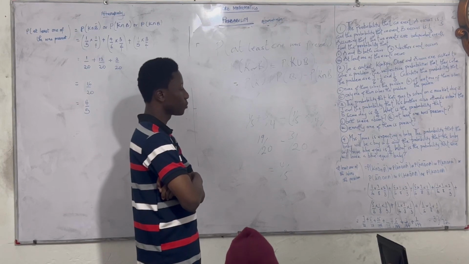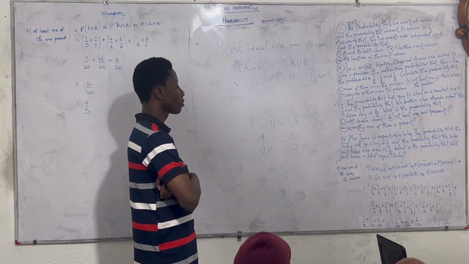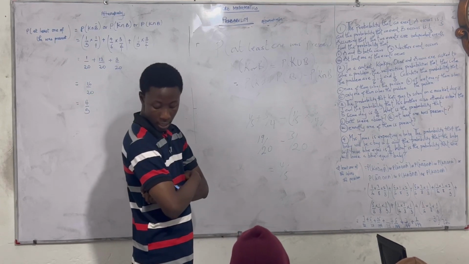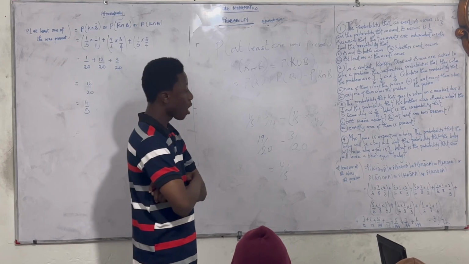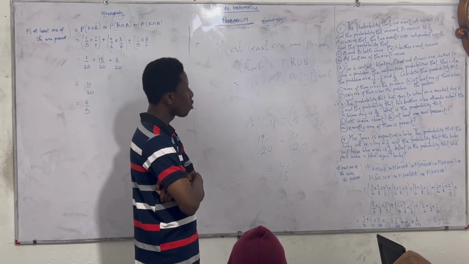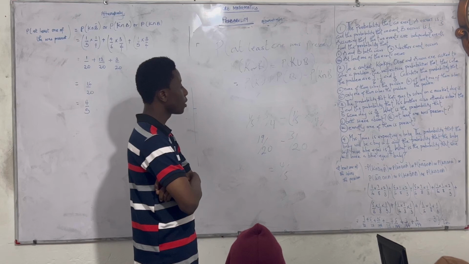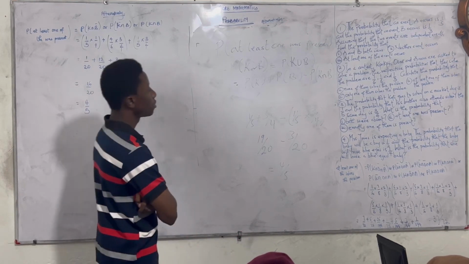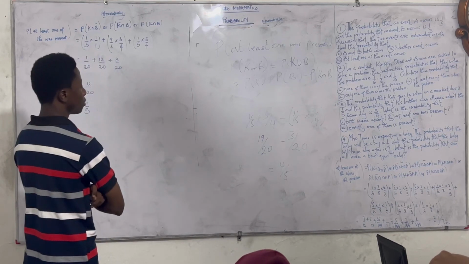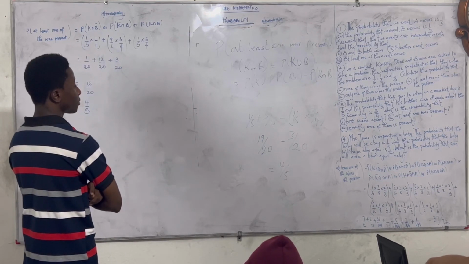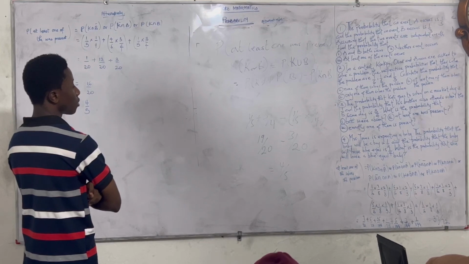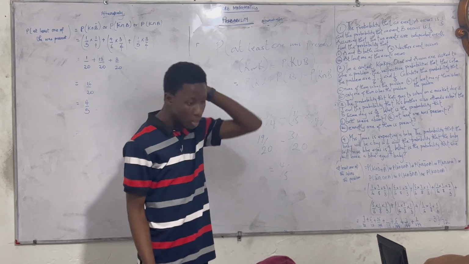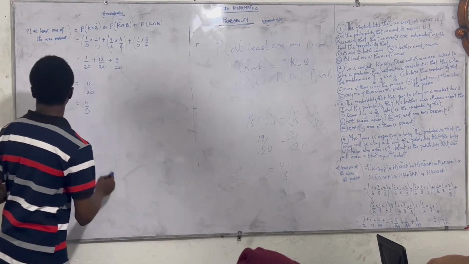This is English. What is that? Exactly one of them. It's present. One of them is present, yes. It's simple.